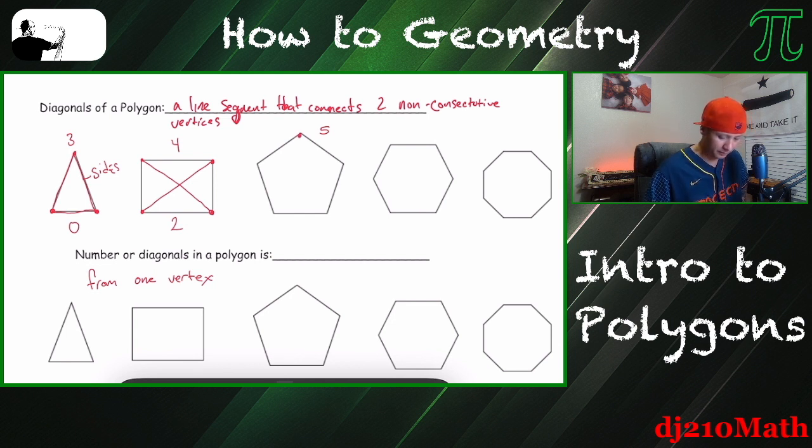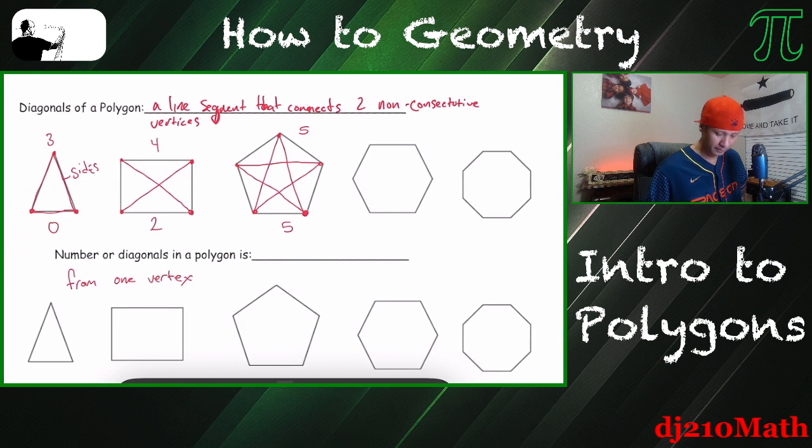We have 2, 3, 4, 5. So a five-sided shape has 5 diagonals. Kind of see where this is going. Every vertex has to connect to every non-consecutive vertex, right? Because if you connect to a consecutive vertex, that would just be a side.